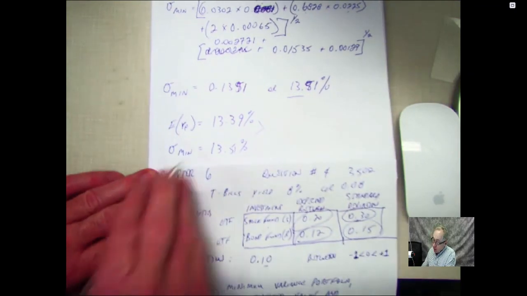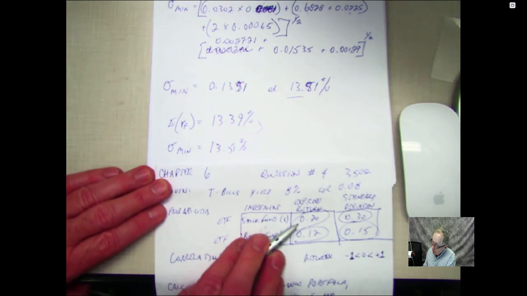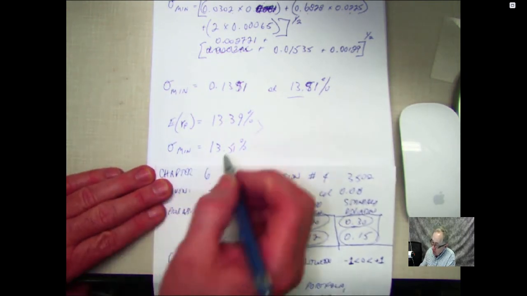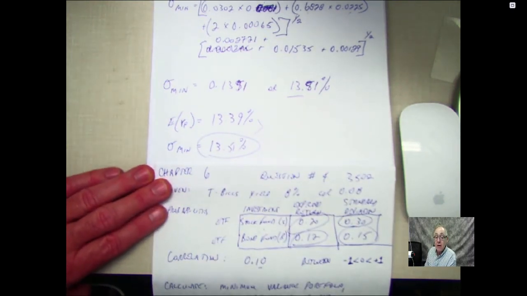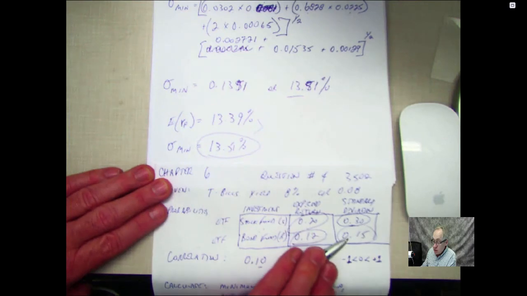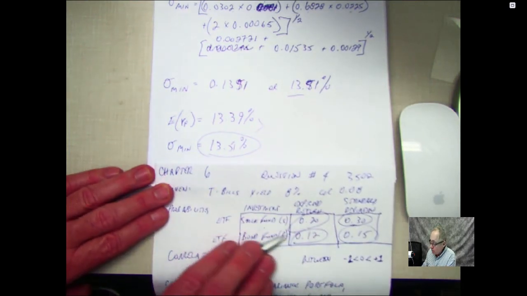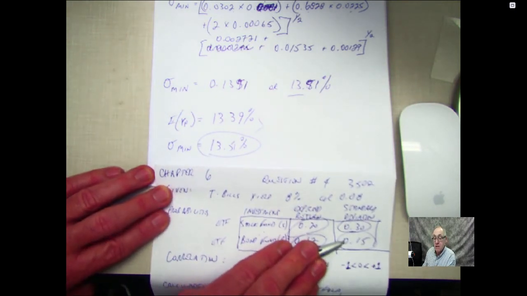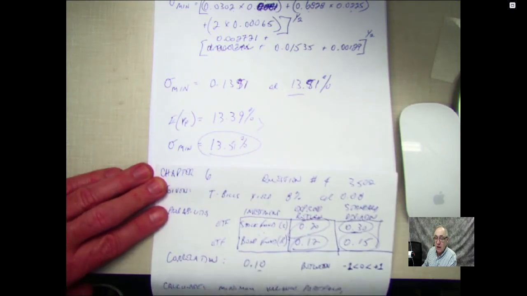Our expected return of 13.39% is less than the expected return on stocks, but better than the return on bonds. And the minimum risk, or standard deviation on our minimum risk portfolio, is actually less than both standard deviations. So we've improved the return on bonds, we've lowered the riskiness of the entire portfolio compared to 100% allocation on each side.